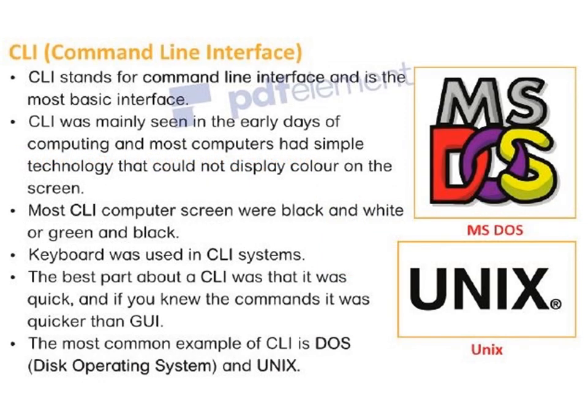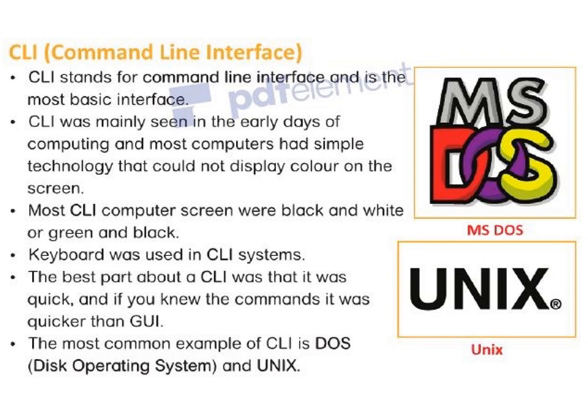Now let us discuss CLI or the command line interface. CLI stands for command line interface and is the most basic interface. CLI was mainly seen in the early days of computing, and most computers had simple technology that could not display color on the screen.